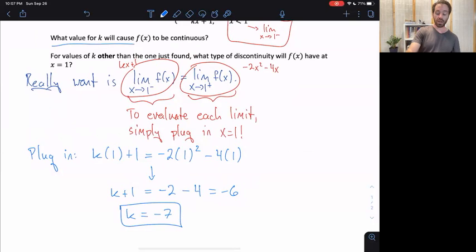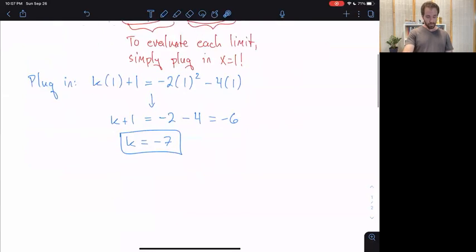So what value for k will cause f of x to be continuous? It's k equals negative 7. And then for values of k other than the one just found, what type of discontinuity will f of x have at x equals 1? Think about the condition that caused it to be continuous.